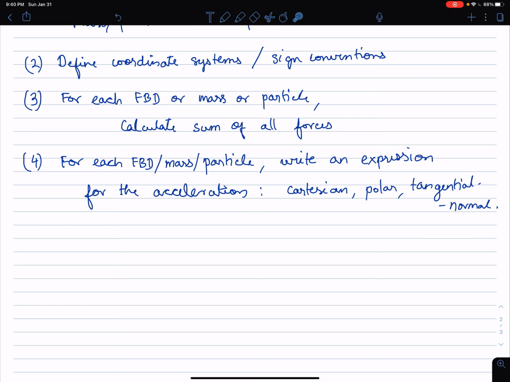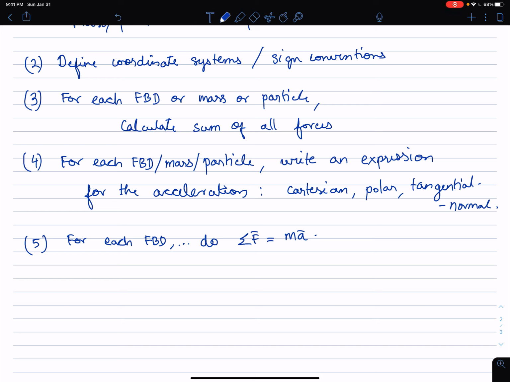Recall, we gave you formulas for acceleration in each of these, and you might want to recall them and use them. I guess you can look up the formulas whenever necessary. And then, of course, for each particle, do sum of all forces equals mass times acceleration.